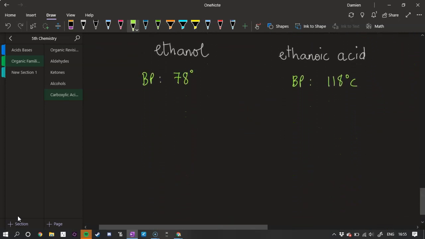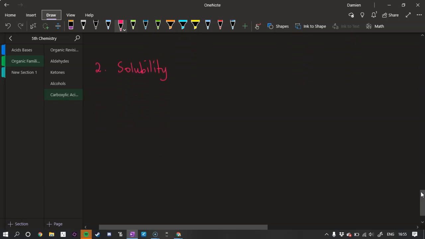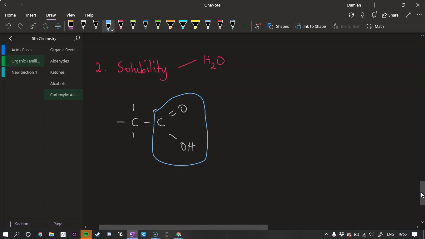So the next step, number 2, is going to be solubility. And that's the last part of the physical properties. With solubility, the first one that we're going to look at is water, H2O. And again, when we have something like ethanoic acid, this part of the compound, this part here, is highly polar.